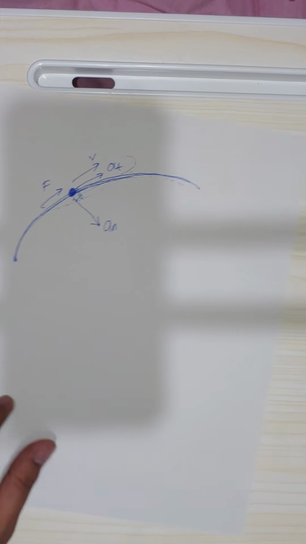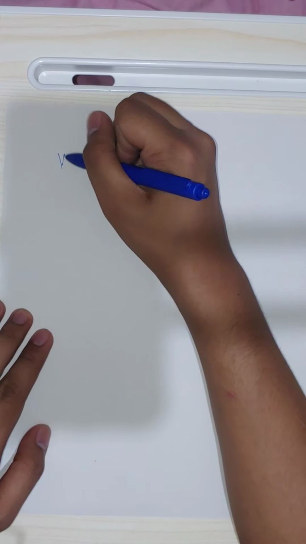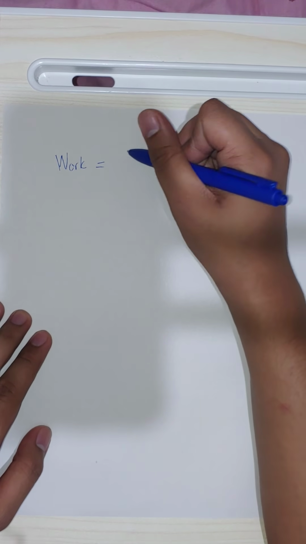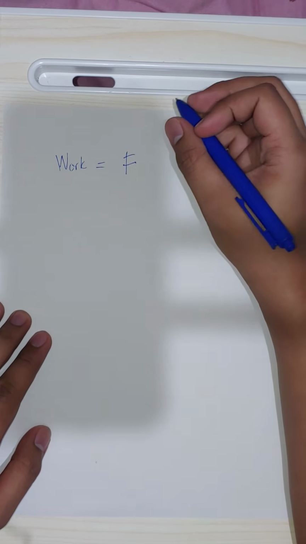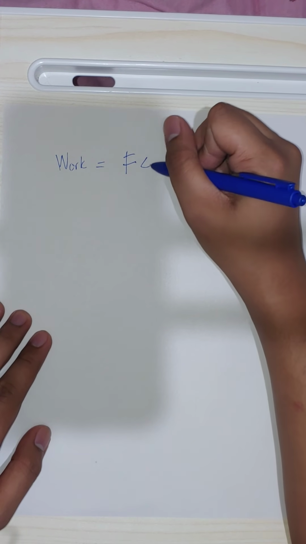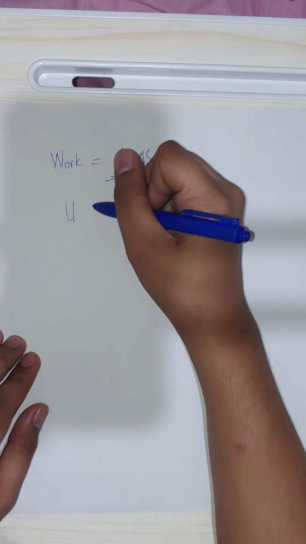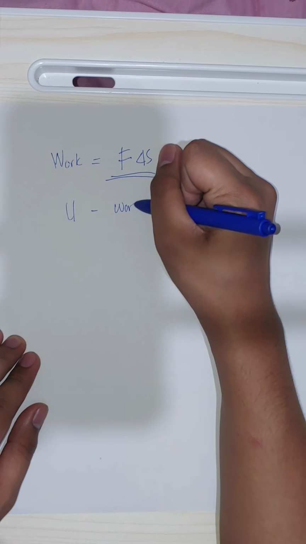To summarize, work happens if there is a force and there is a displacement. That's all. The symbol of work is U. This denotes work.